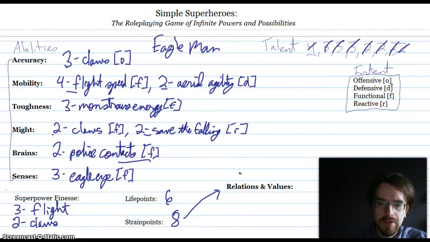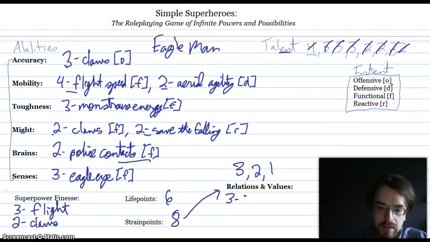Okay, let's talk about relations. So relations are people, places, things that tie your character into the universe, and with a well-rounded array, you get a 3, a 2, and a 1. So the higher rank, the more you care about it.